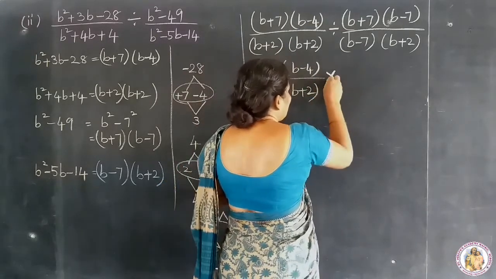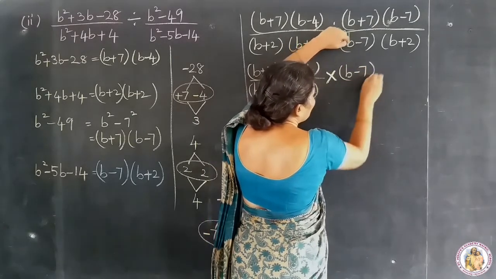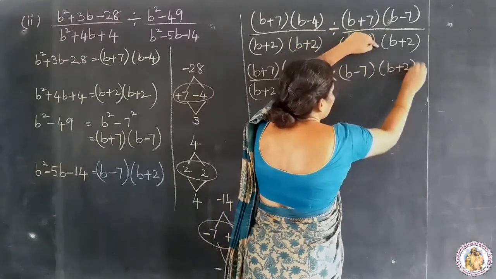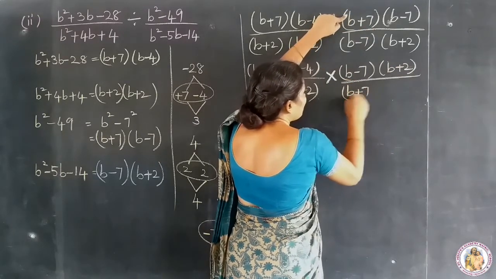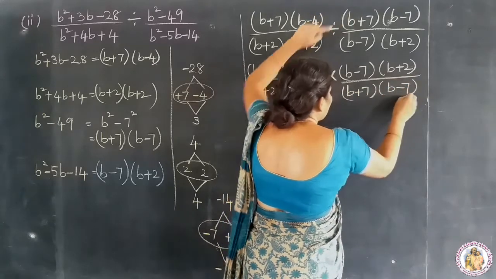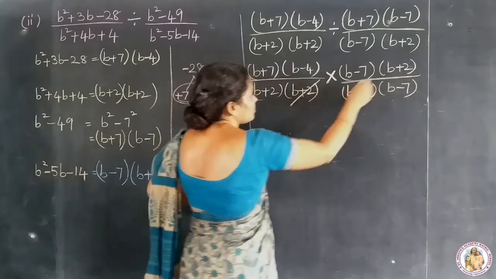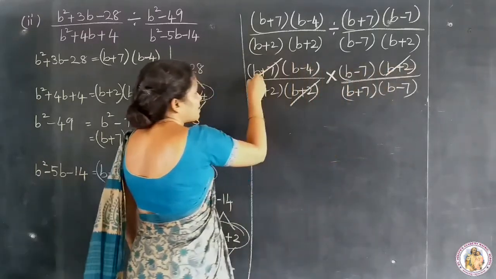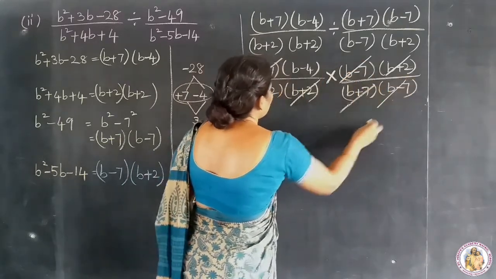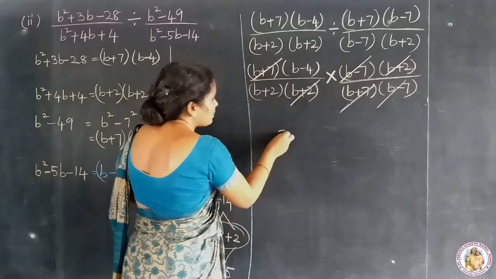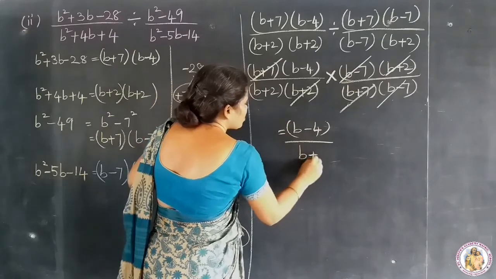Okay, multiplication, and now reciprocal: (b minus 7) (b plus 2) in the numerator, and (b plus 7) (b minus 7) as the denominator. Now you can cancel. So b plus 2 cancel, b plus 7 cancel, and b minus 7. So at last we have (b minus 4) and (b plus 2).